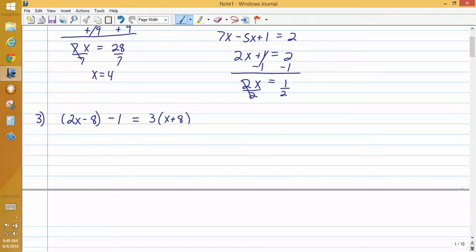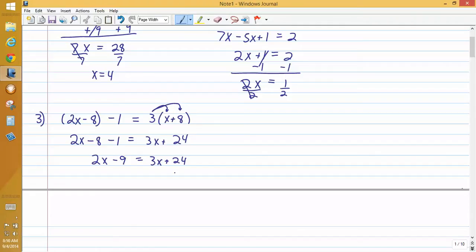There is a 3 on the outside of this parentheses, so you need to distribute. So 2x minus 8 minus 1 equals 3x plus 24. Combine like terms on the left side of the equation. So it's going to be 2x minus 9 equals 3x plus 24.